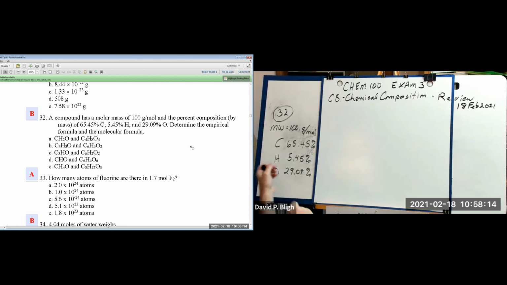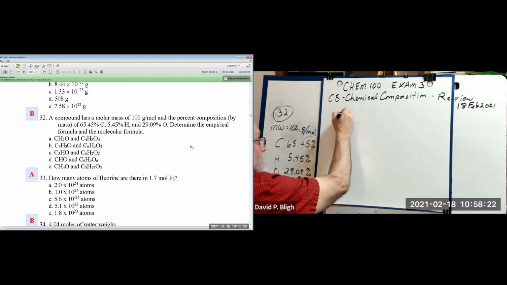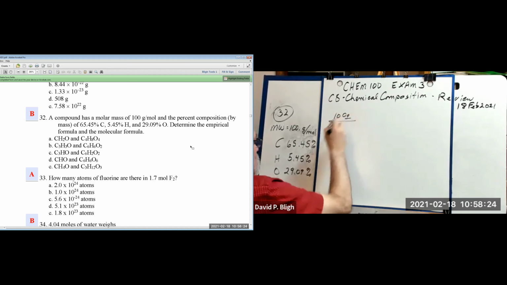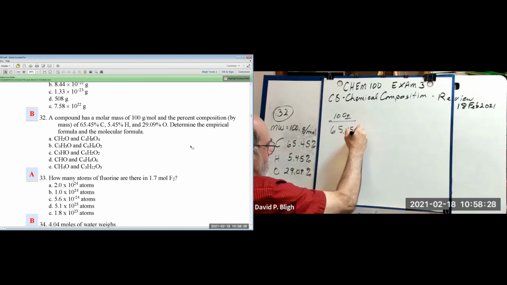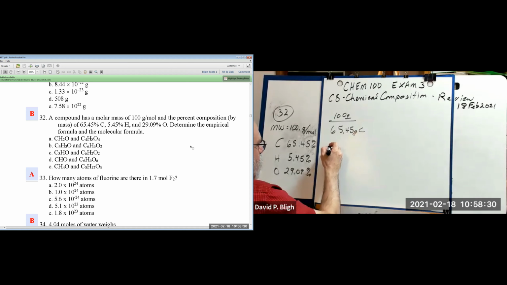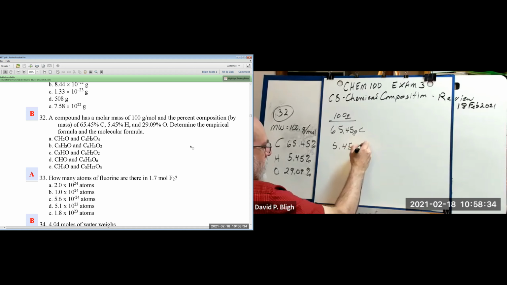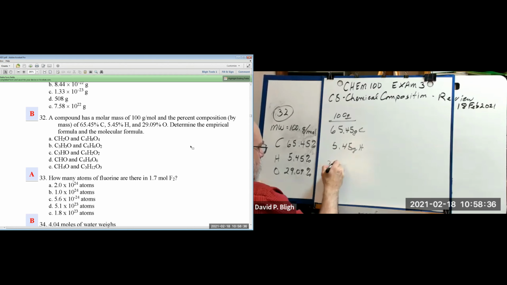Okay, so same deal as before. If you know percent, then you know it's parts per 100 or grams per 100 grams. We just say if we've got 100 grams, then we have 65.45 grams of carbon, and we have 5.45 grams of hydrogen, and we have 29.09 grams of oxygen.